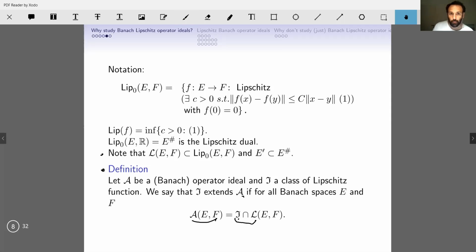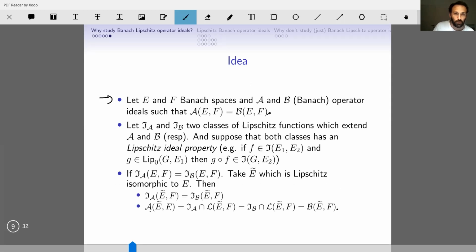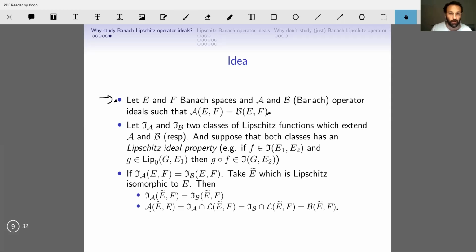So, what will we do with all this? Well, this is the idea. First, we take two Banach operator ideals A and B such that we have this equality. Here we are fixing the linear property, or the linear relation between E and F, that we want to extend to a metric setting.